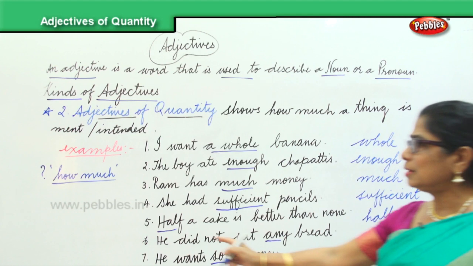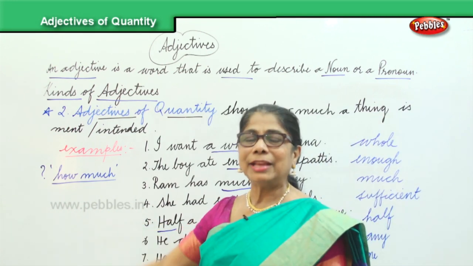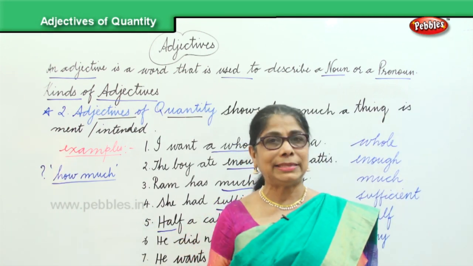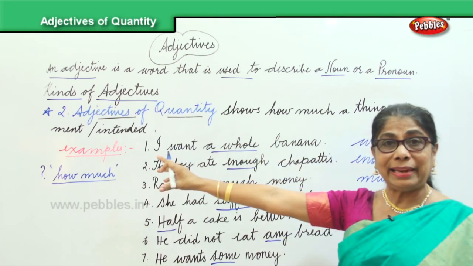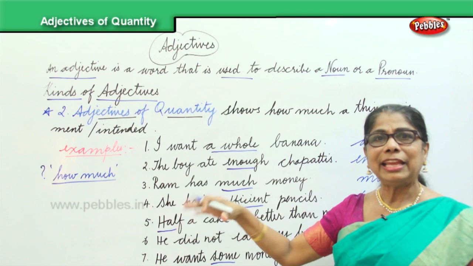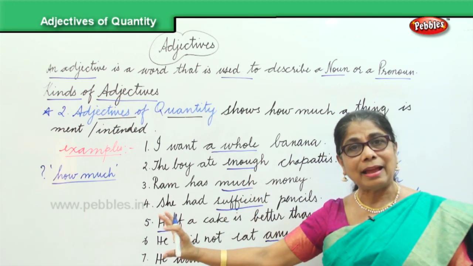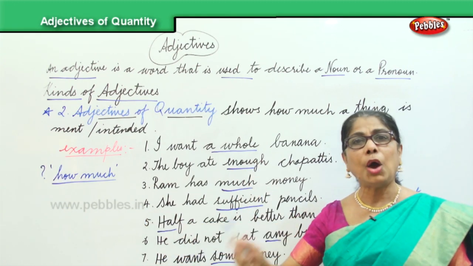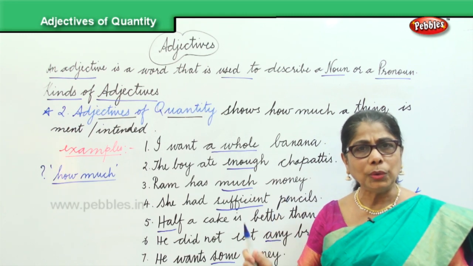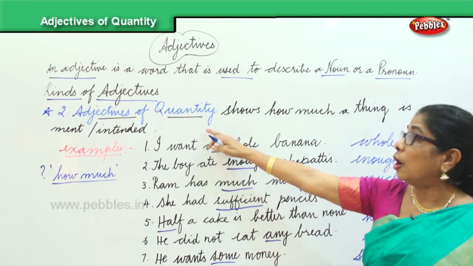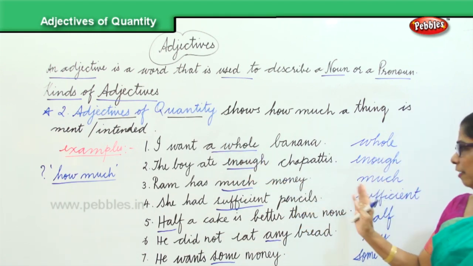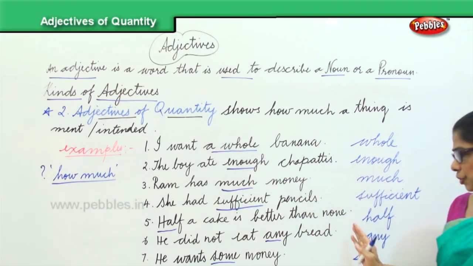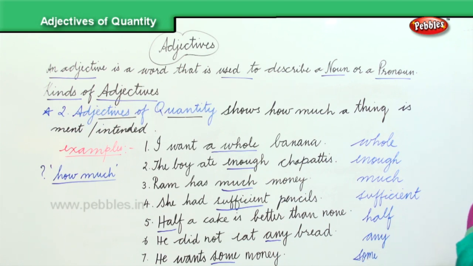All these answer the question how much. So adjectives of quantity show how much a thing is meant or intended. If the sentence answers the question how much, then we know that's an adjective of quantity. Words like whole, enough, much, sufficient, half, any, some.